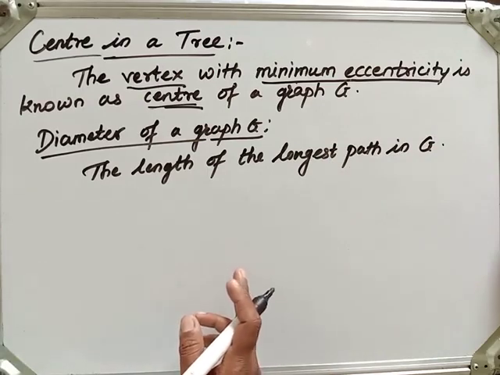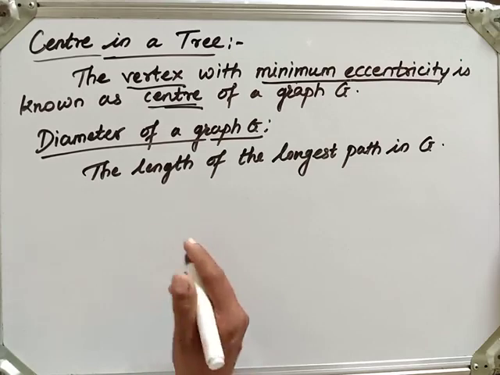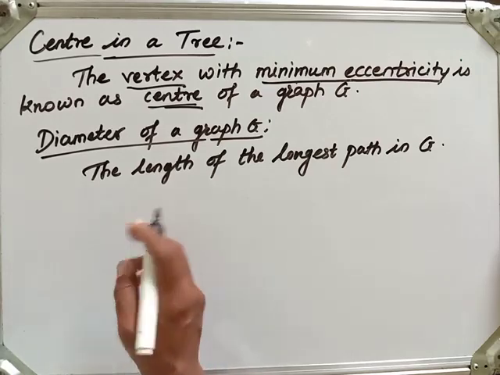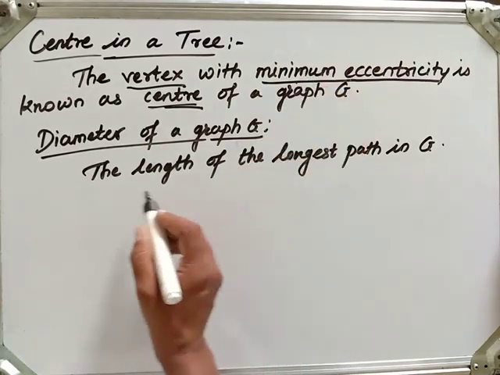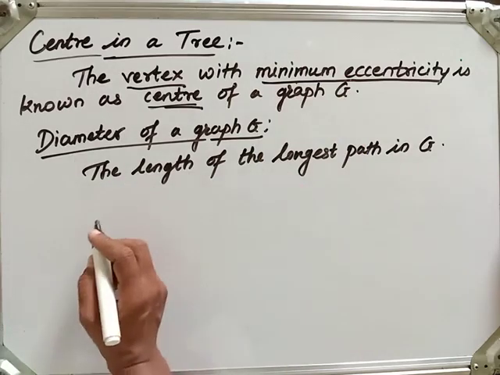That is nothing but the maximum eccentricity. Here it is minimum eccentricity; diameter is the maximum eccentricity, we can say.